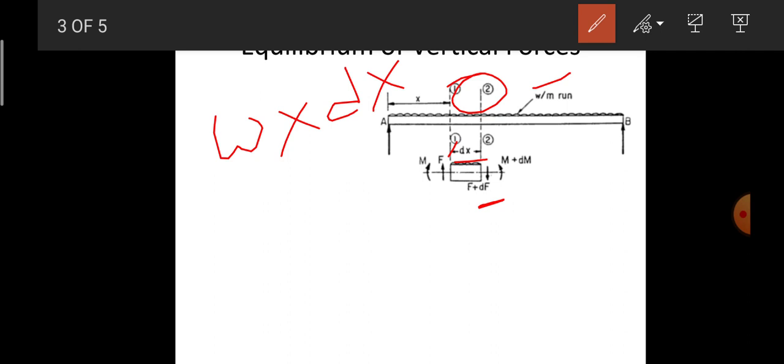In order to convert this uniformly distributed load to a concentrated load, we need to multiply the load by the distance over which the load is acting. We take the distance as dx, between sections 1-1 and 2-2, and multiply it with the magnitude of load W. Therefore the load is equal to W into dx between the two sections.